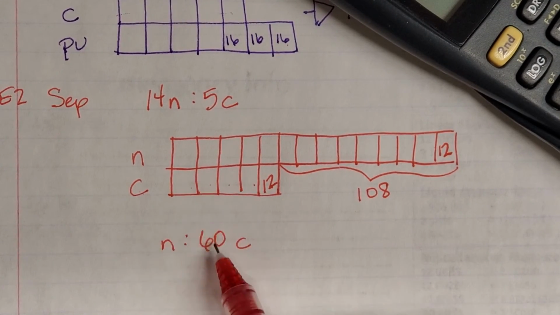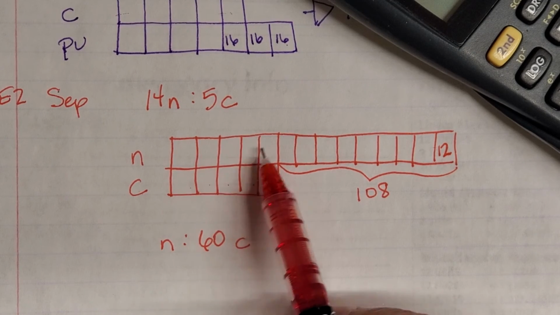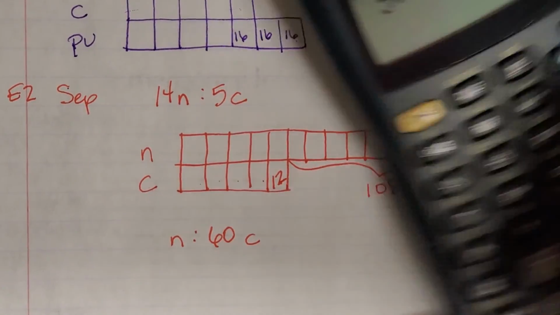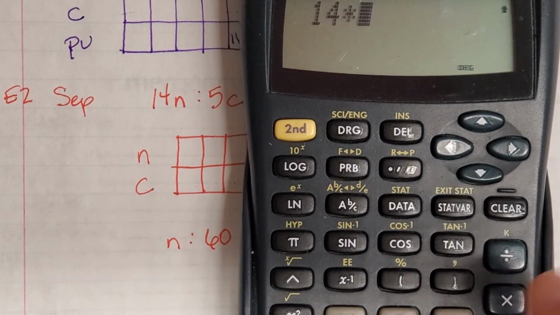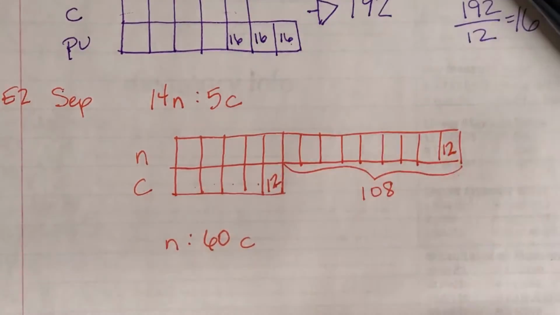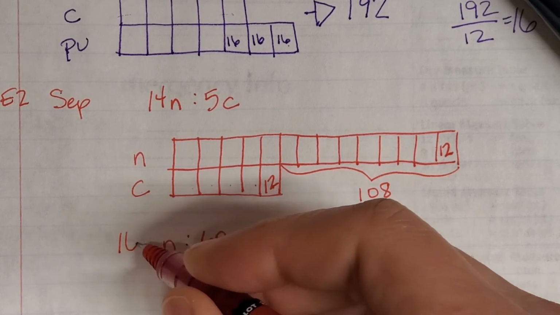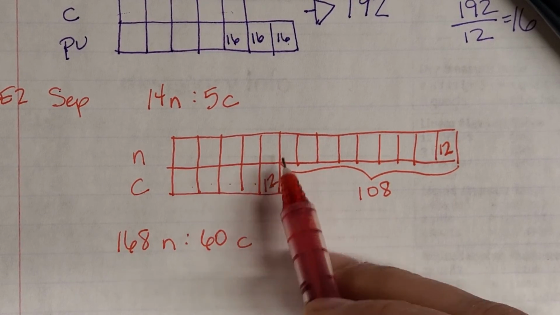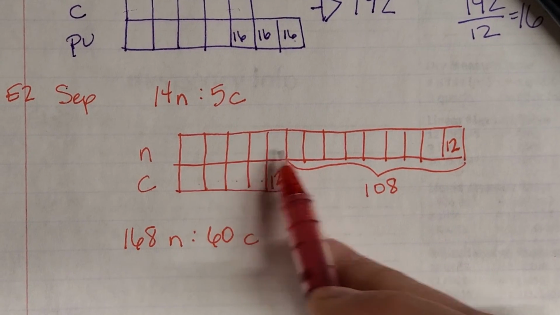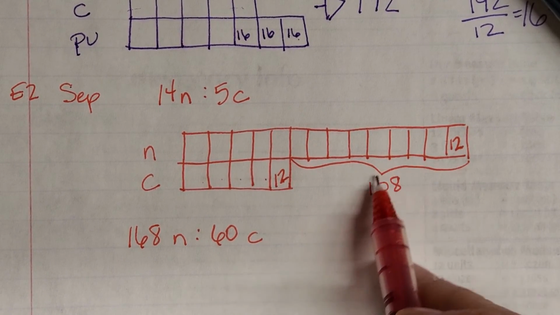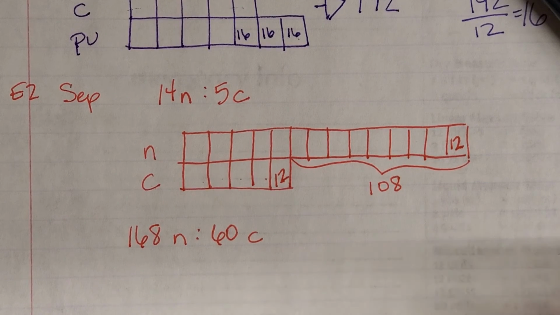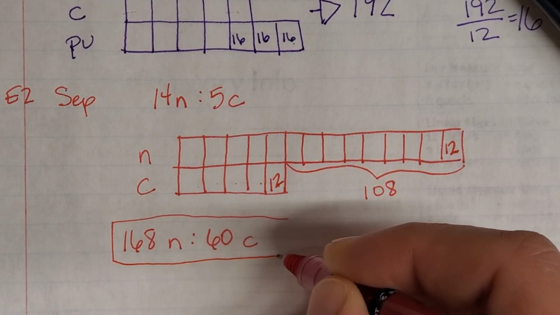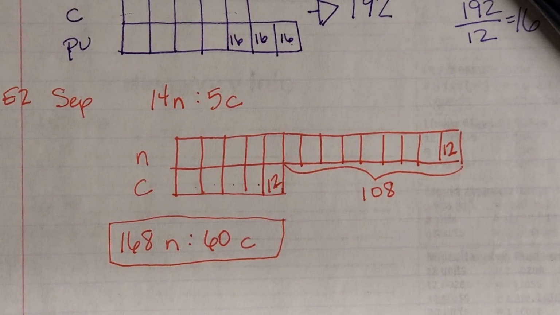Okay, how many non-commercial? 1, 2, 3, 4, 5, 6, 7, 8, 9, 10, 11, 12, 13, 14. 14 times 12, 168. I'll show you another way you could have done that. If these are worth 60, then these are worth 60, and 60 plus the 108 we already know is 168, right? Yes. So there would be 168 non-commercial and 60 commercial.